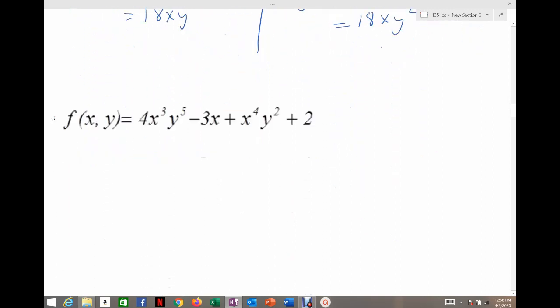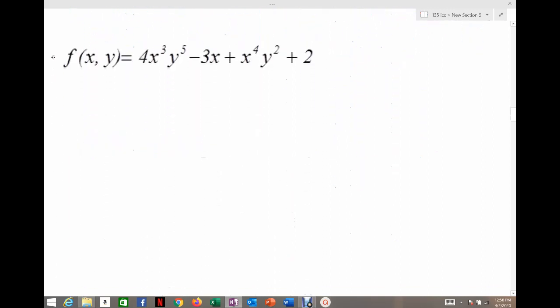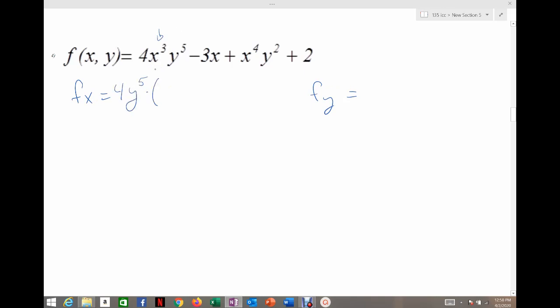Alright, the next example. So first derivatives and then the second derivative. So f sub x, f sub y. Derivative with respect to x. So the x part's what I'm taking the derivative of, so the 4 y to the fifth comes along. Derivative of x cubed gives me 3x squared.